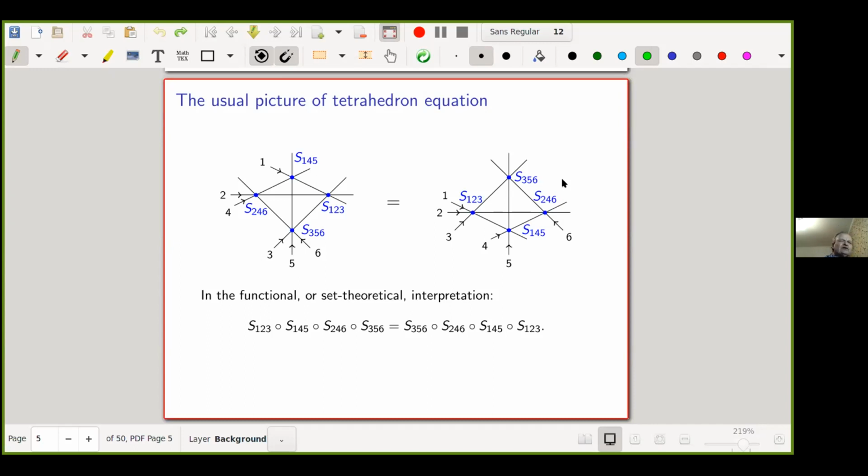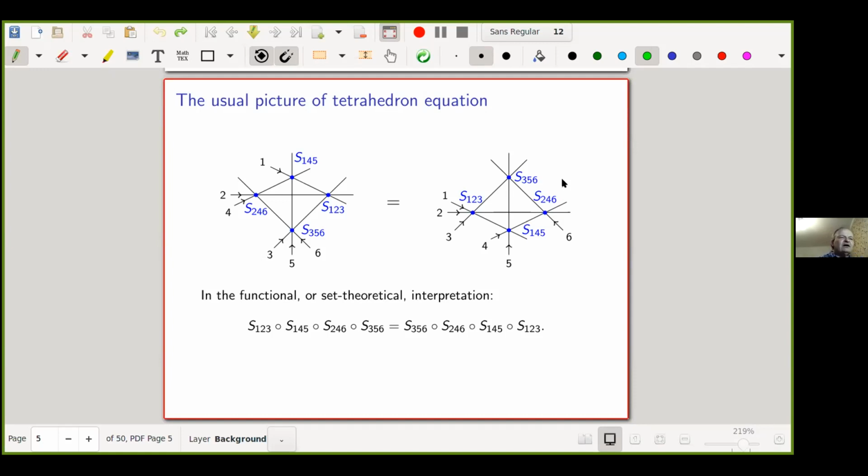You have 6 input variables. Well, they belong to some set, and sometimes they belong to 6 different sets, and then some functions here. S capital, all the 4 S capital are just functions.